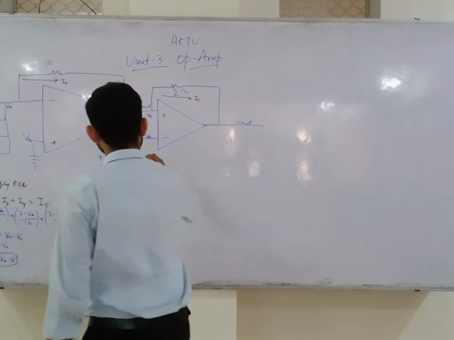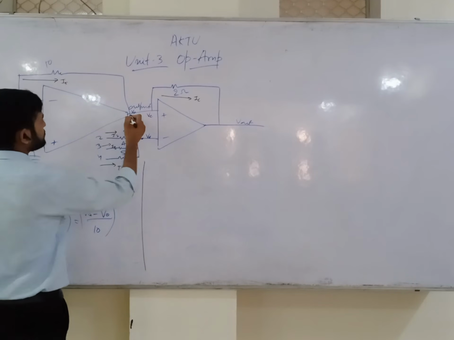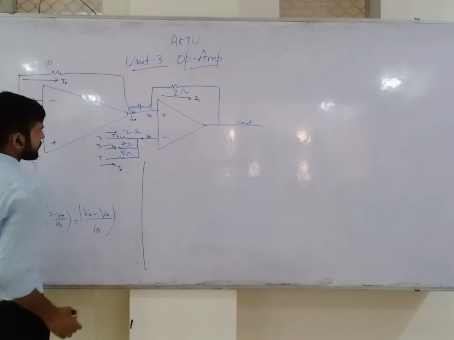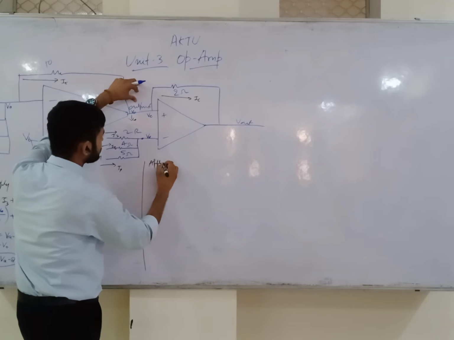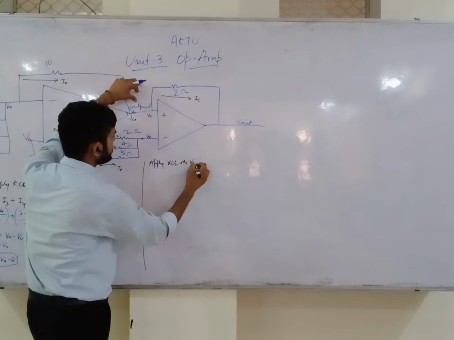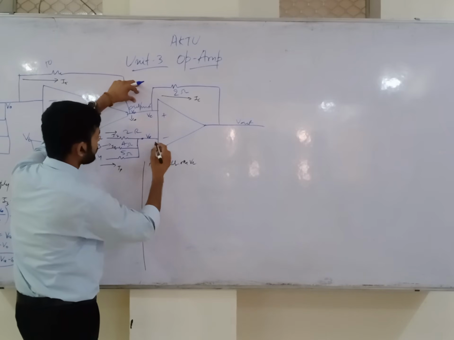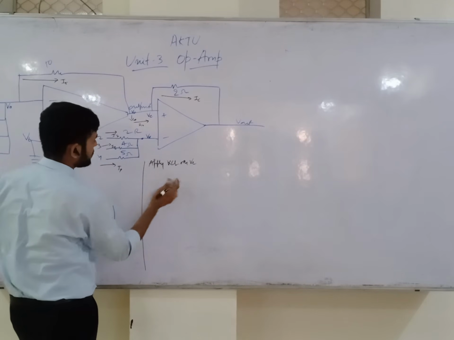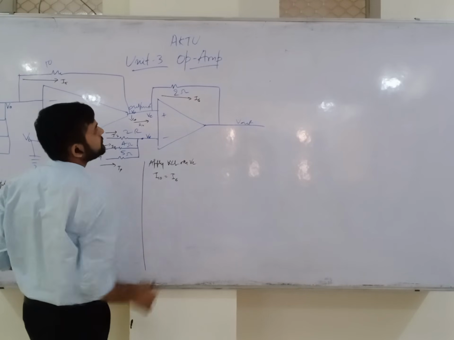After solving, the second one: now we proceed from this. Applying KCL on VC, current I10 is equal to I6 current.